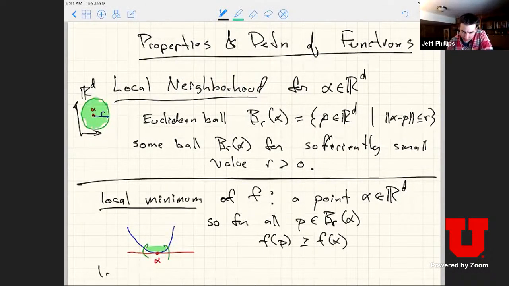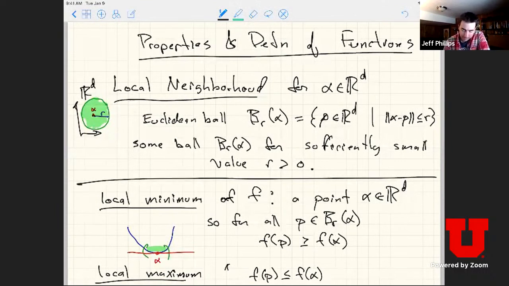Okay, and you can define a local maximum, where it's the same, except f of p is going to be less than or equal to f of alpha.